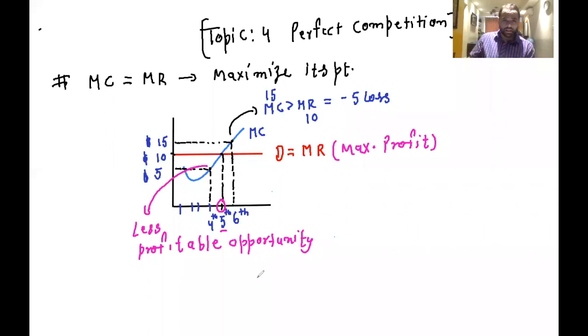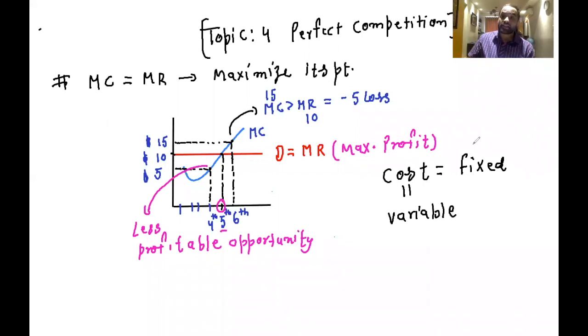Remember, this example is a situation where this marginal cost is fixed, right? Remember, there are 2 types of cost: fixed cost and variable cost.